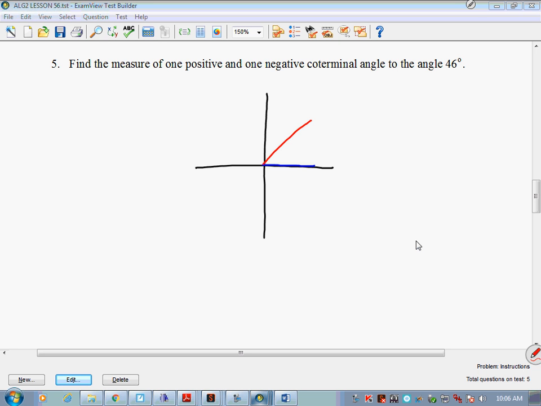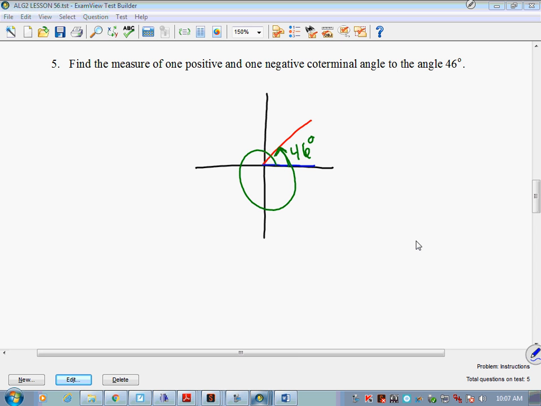Okay? So we're saying that from here to here is 46 degrees. Okay, let's find a positive degree that's going to get to the same position. The only way to do that is to go all the way around. Okay, so what math do I need in order to find a coterminal angle there?